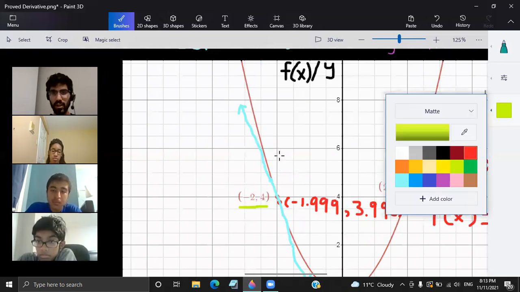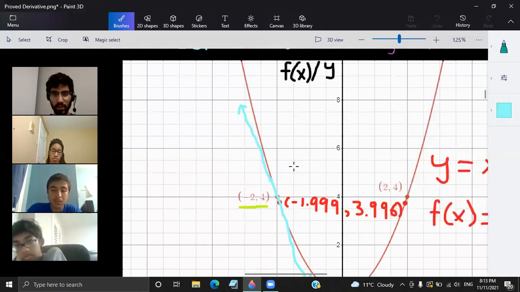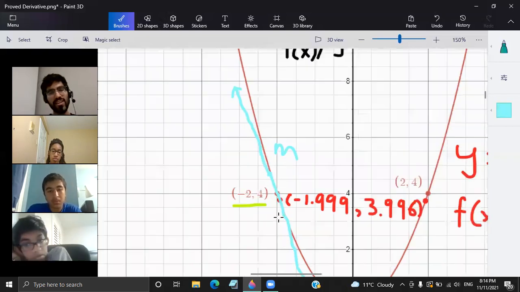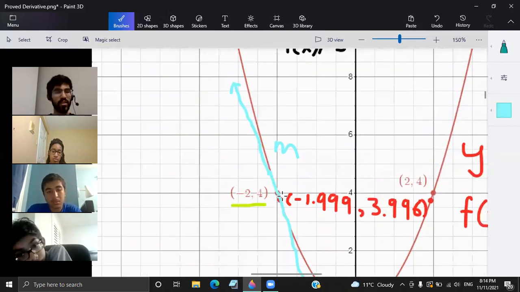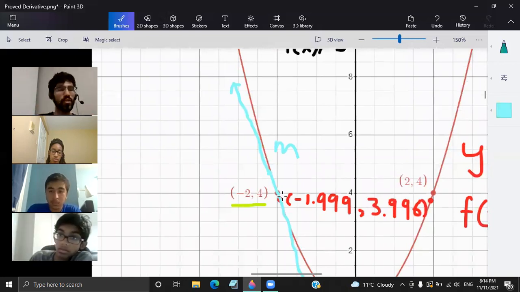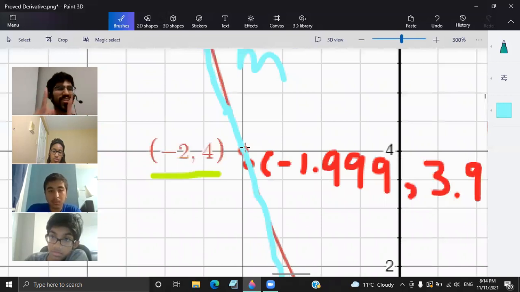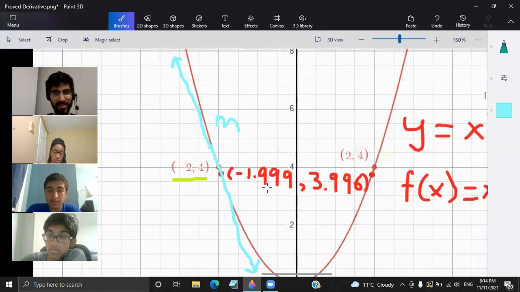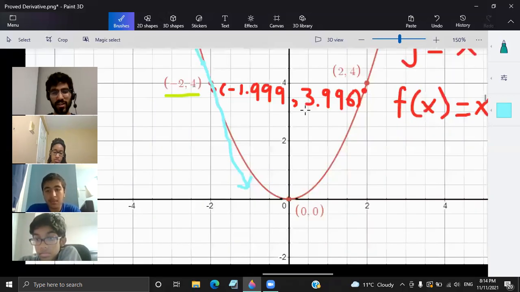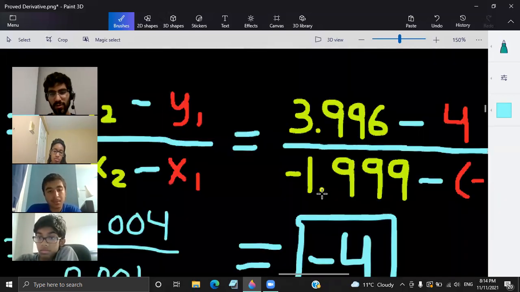So what we're saying is the slope of what is technically a secant over here, going through 2 points, is approximately equal to the slope of the tangent. In non-fancy words, the slope of a 2-point line is roughly equal to the slope of a 1-point line, just because the 2 points are very close to each other. And the slope in this case turns out to be negative 4.